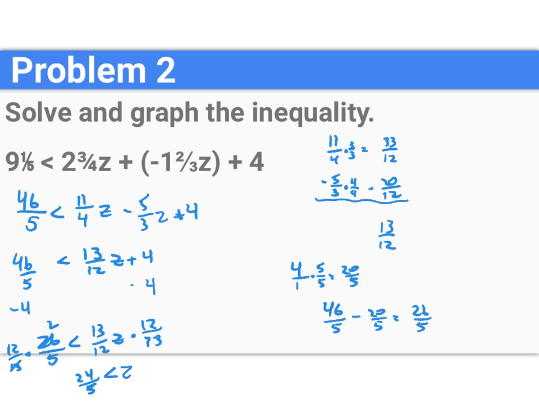It's bigger than z. z is bigger than 4 4/5. So if I have 0 and I have 4 and I have 5, 4 4/5 is closer to 5. Open circle, going to the right, and you write 4 4/5 on your number line.